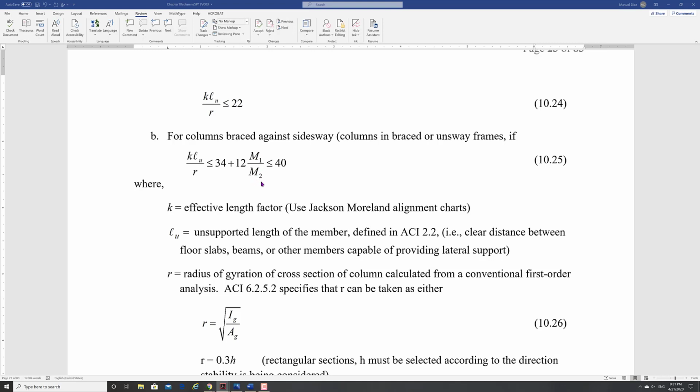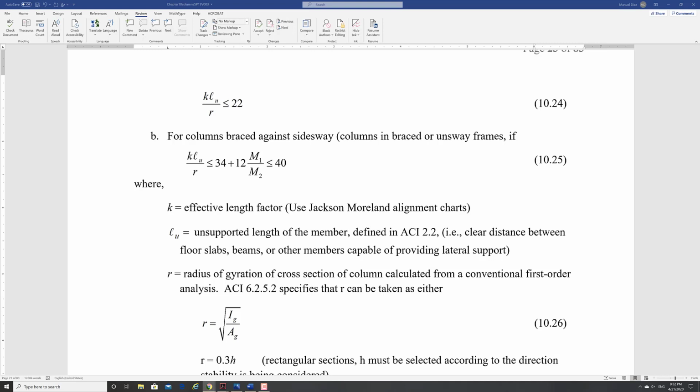And if you have taken steel, you probably had the same thing, so be careful, okay? Because you may have learned it differently, and now I'm telling you the opposite. So single curvature is bad for buckling, therefore it is negative. Double curvature, which is an S-shape behavior, is good for buckling, and therefore we want it to be positive.